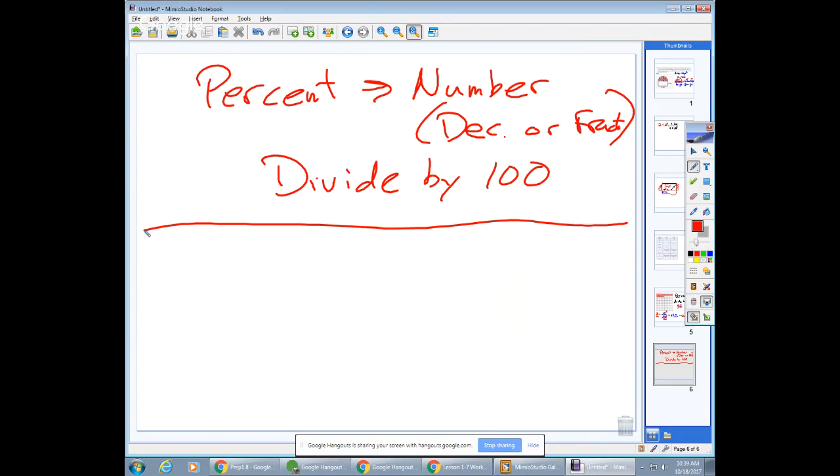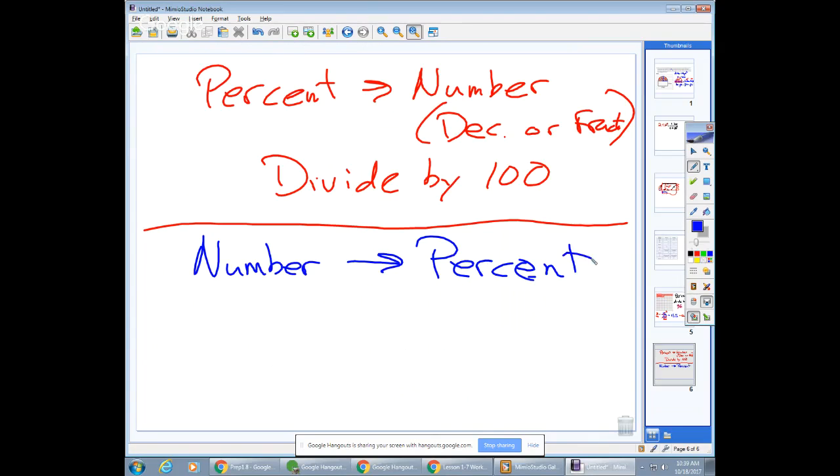So that's how you convert percents to regular numbers. If you want to go the other way, if you want to take a regular number, that number could be a decimal or a fraction, and you want to convert it to a percent. What's the opposite of dividing? Multiply. You just multiply by 100.